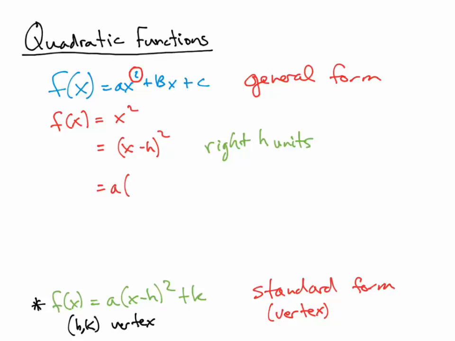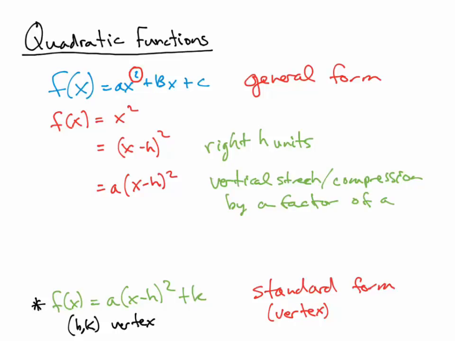If we multiply by a factor of a, this would be a vertical stretch or compression by a factor of a. And then lastly, if we shift this up k units, we would add a k to the end of the function. And that is how we can get to this standard form here.